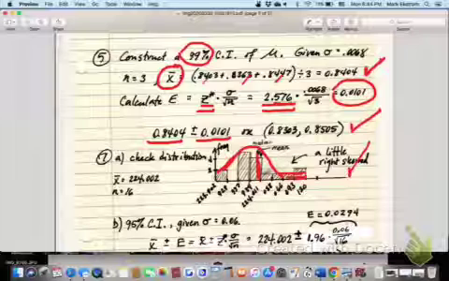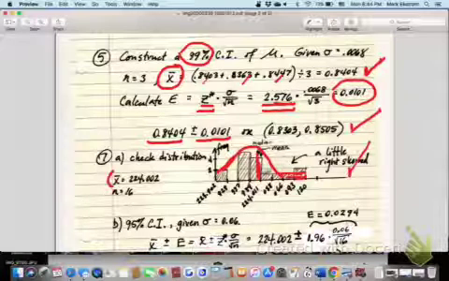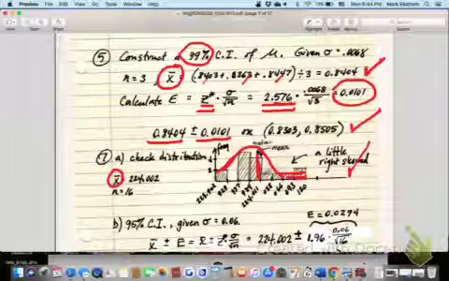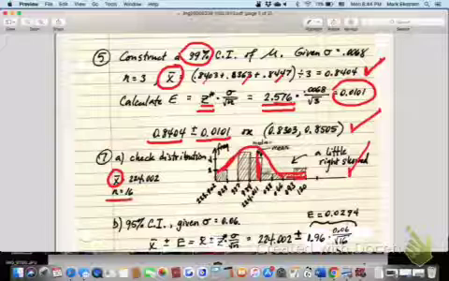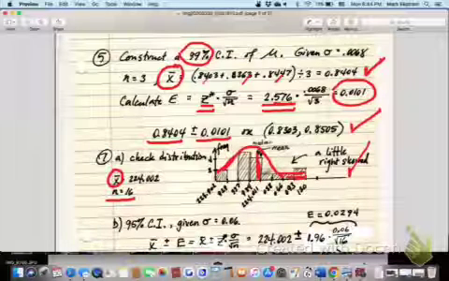With these 16 values, I could calculate myself an X bar. So there's our sample mean with a sample size of 16. And that's the research. Someone did that research, and I just conjured up that statistic there of 224.002.